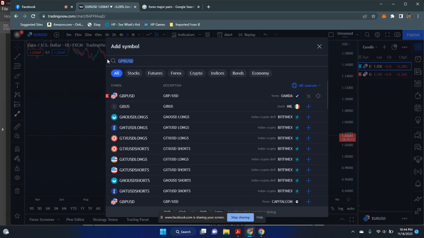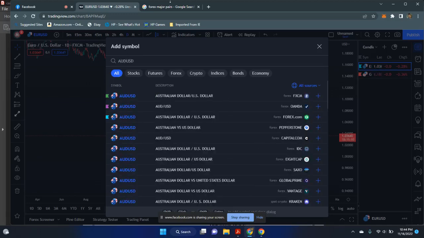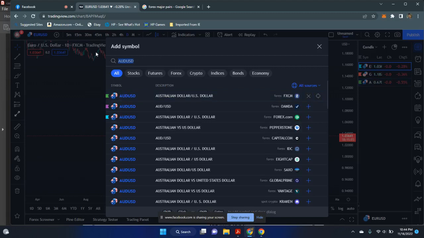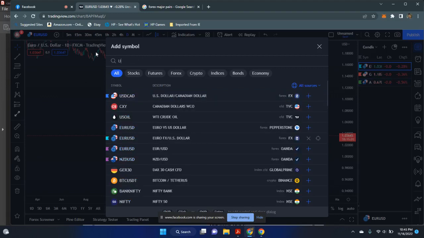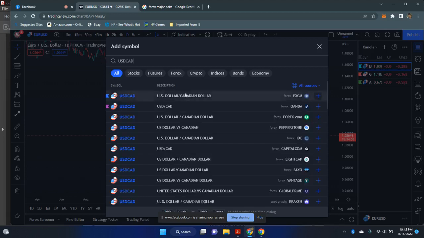there is AUD USD, which is the Australian dollar and the United States dollar. We have the USD CAD, the United States dollar and the Canadian dollar.